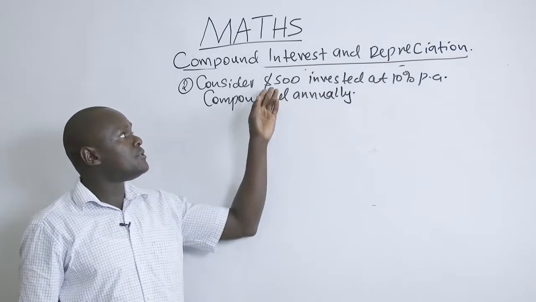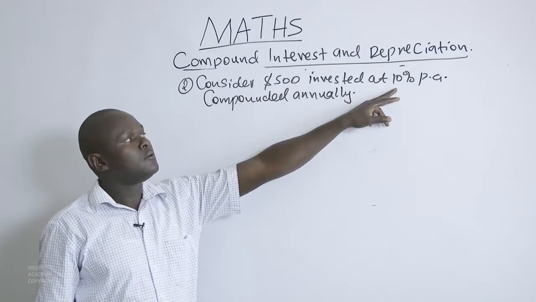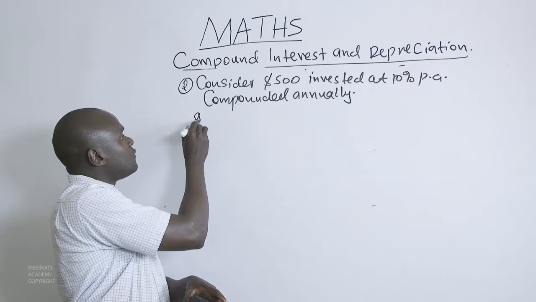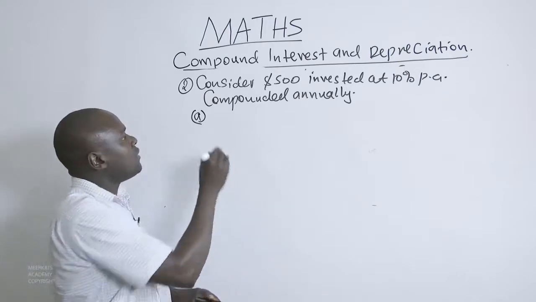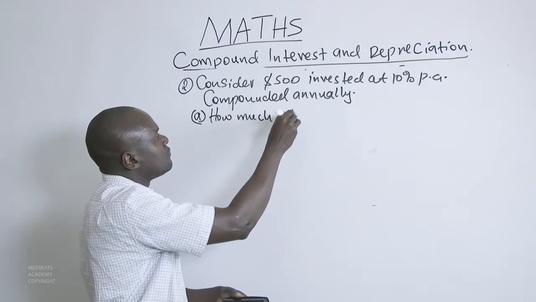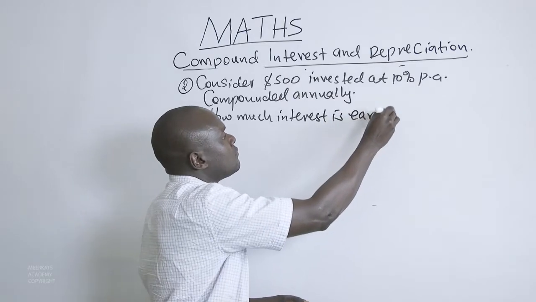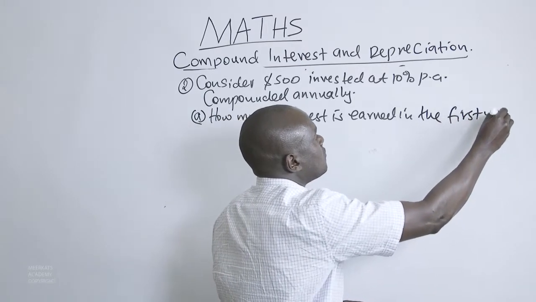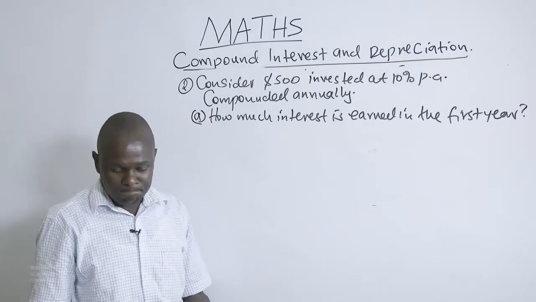We have a principal that is $500. We have the rate that is 10% per year. And the first part of this question is: how much interest is earned in the first year?